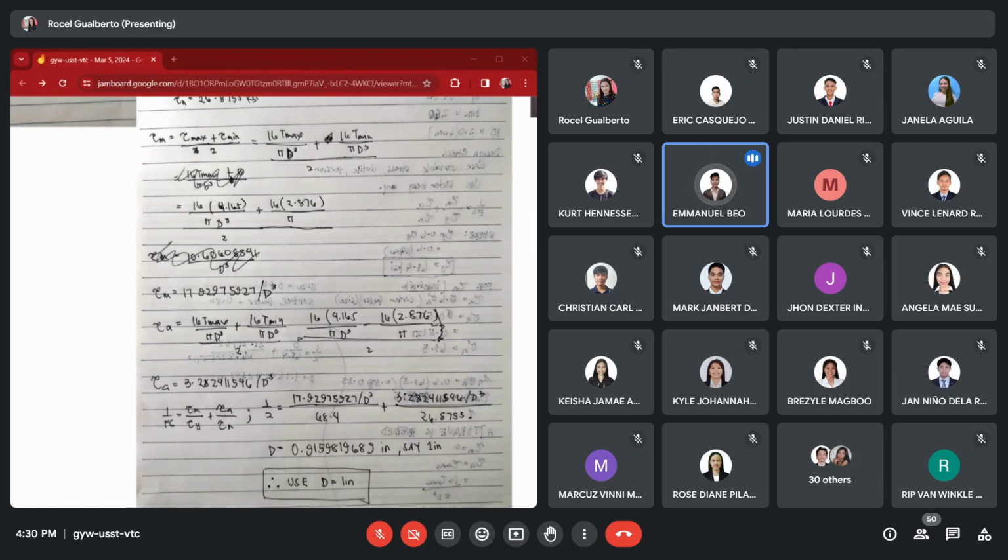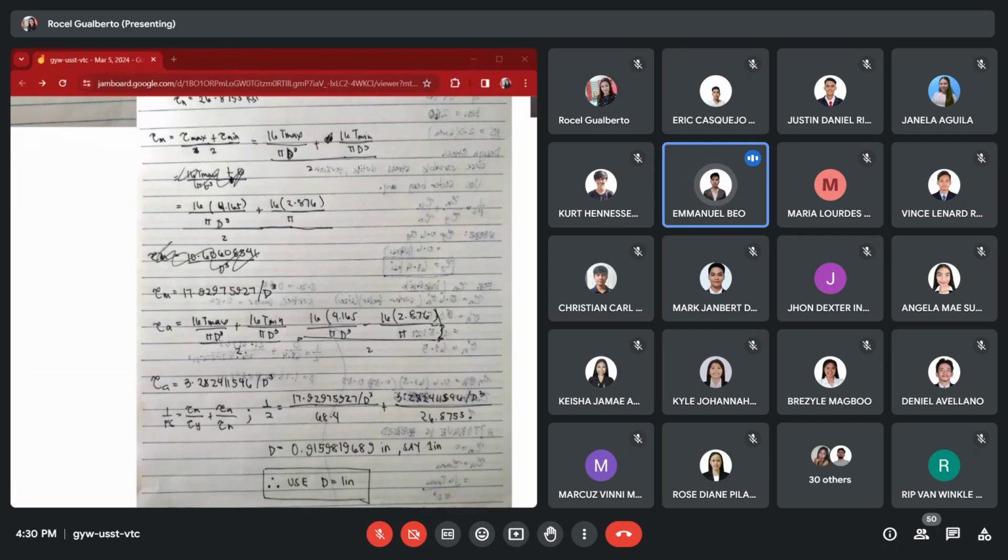And then para po makuha natin yung size, ginamit po natin yung formula sa design stress na 1 over Fs equal to tau m all over tau y plus tau a all over tau n.